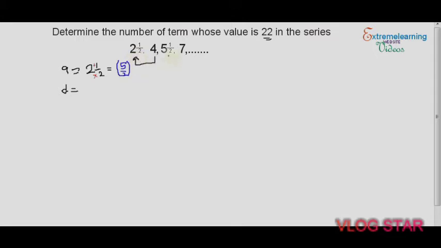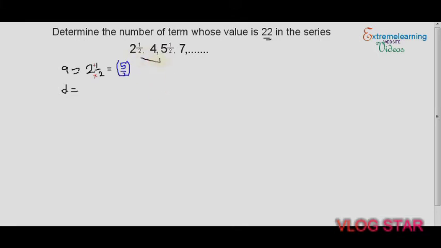But you can't just find it at once. You go to the next one and do the same thing. This subtract this. If it gives you the same thing that the first subtraction gave you, that means that is the common difference. If the same value keeps coming, then you know that it becomes the common difference. That's why I call it common difference.